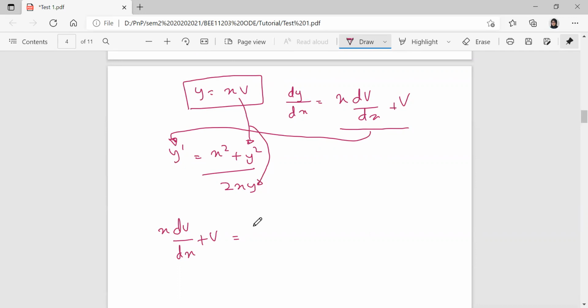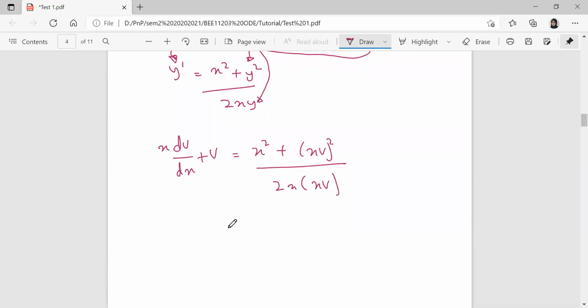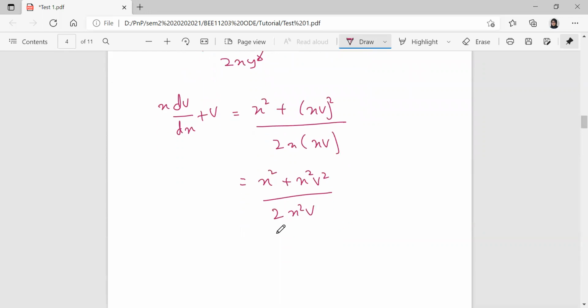So what do we have here is x squared plus xv squared, divided by 2x times xv, which equals x squared plus x squared v squared divided by 2x squared v.